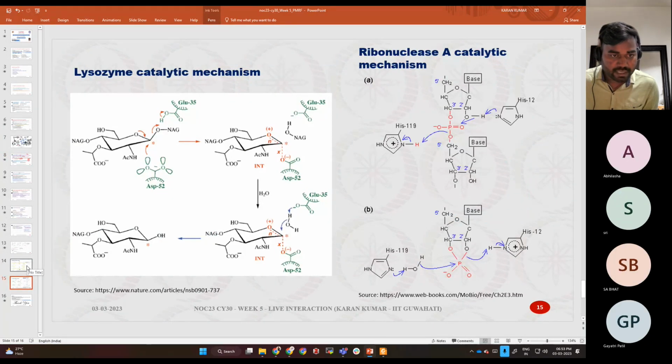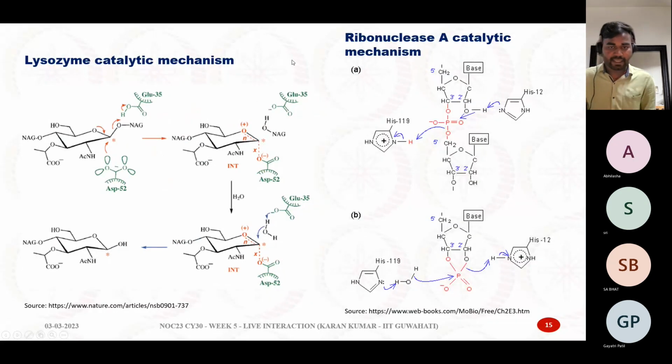So this is the aspartic acid. This is the lysozyme catalytic mechanism. In the first step itself, this glutamic acid will act as an acid, right? It will donate the proton.